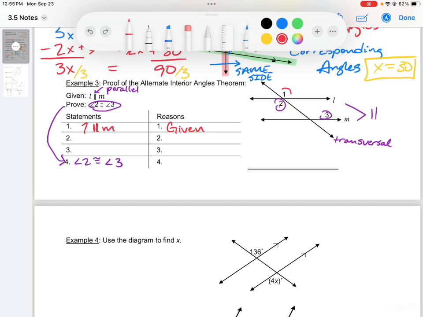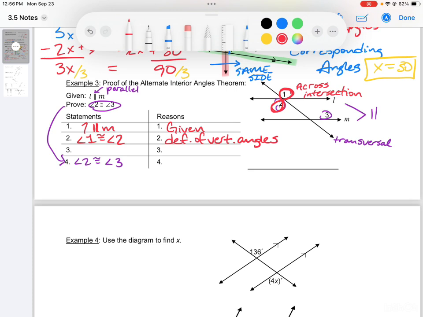And the first thing is that 1 and 2 are across from each other at an intersection. And when two angles are across from each other at an intersection, we know that they are equal or congruent because of the definition of vertical angles.